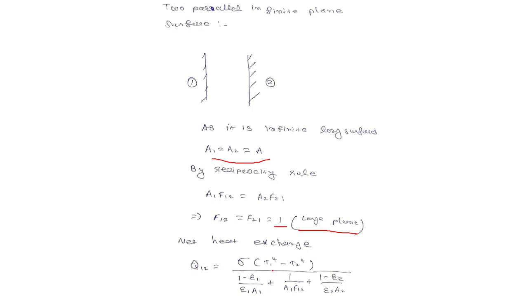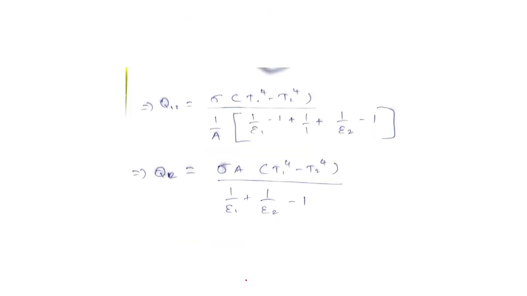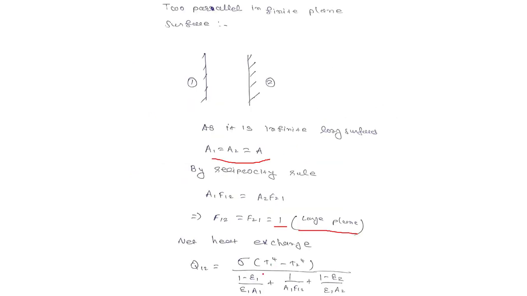Q12 is equal to sigma (T1 raised to 4 minus T2 raised to 4) upon [(1 minus epsilon 1) upon (epsilon 1 A1)] plus [1 upon (A1 F12)] plus [(1 minus epsilon 2) upon (epsilon 2 A2)]. And we are putting here A1 and A2 are the same, so we can write A instead of that, and also F12 is 1.